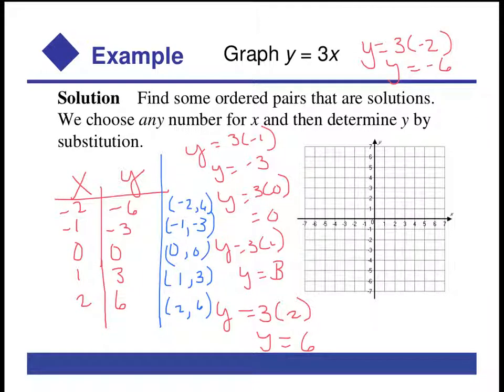So then we're going to plot the points. The first thing I'm going to do is go to -2, -6, then -1, -3, then 0, 0, then +1, +3, then 2, 6.